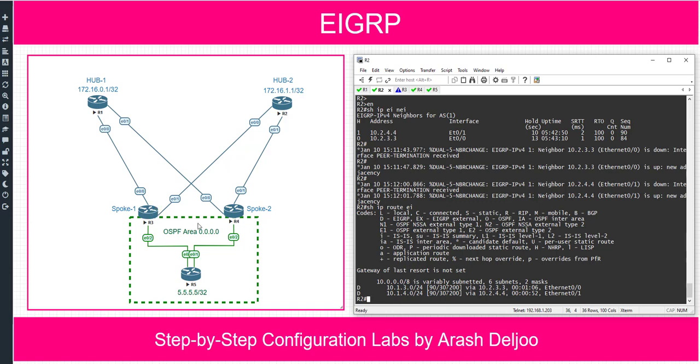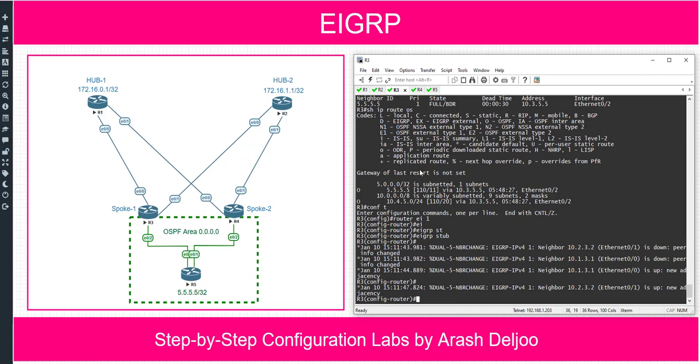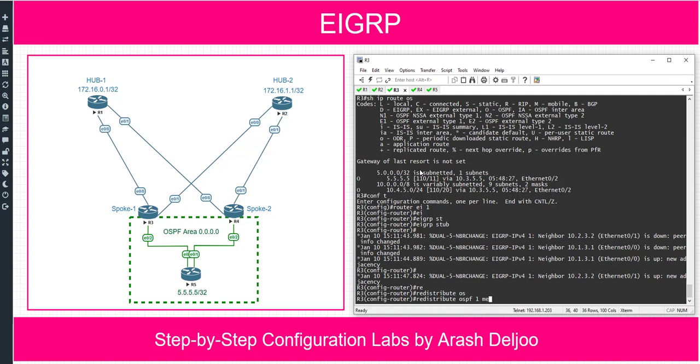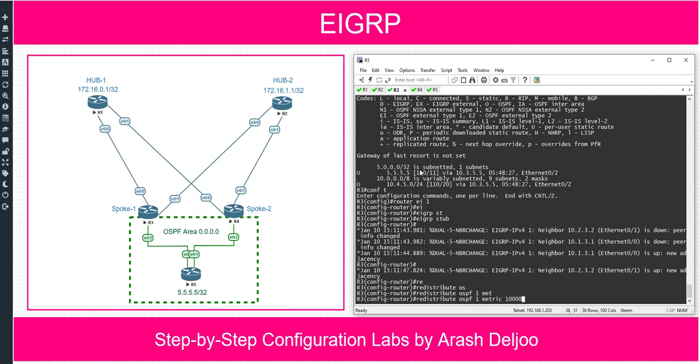Now let me configure redistribution from OSPF to EIGRP in both router 3 and router 4. In router 3, I will use redistribute ospf 1 with metric parameters. The values are not important for this scenario. This is the redistribution command: redistribute ospf 1 metric 10000.